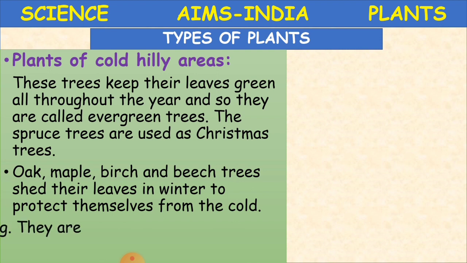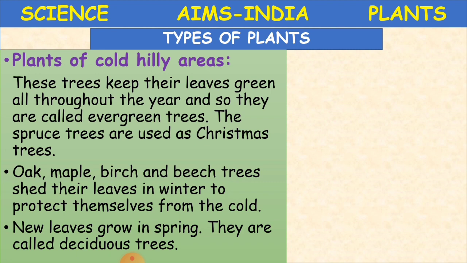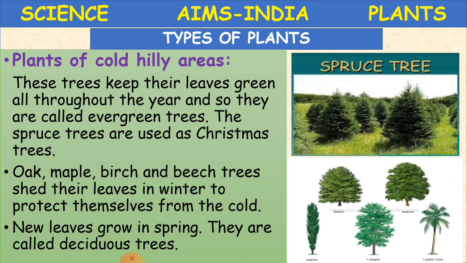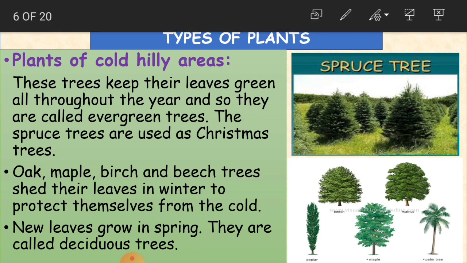One more speciality of these trees, like the pine trees and fir trees growing in cold hilly areas, is that their leaves are green throughout the year. That is why they are called evergreen trees. What are they called, children? Evergreen trees. Why? Because their leaves are green throughout the year.